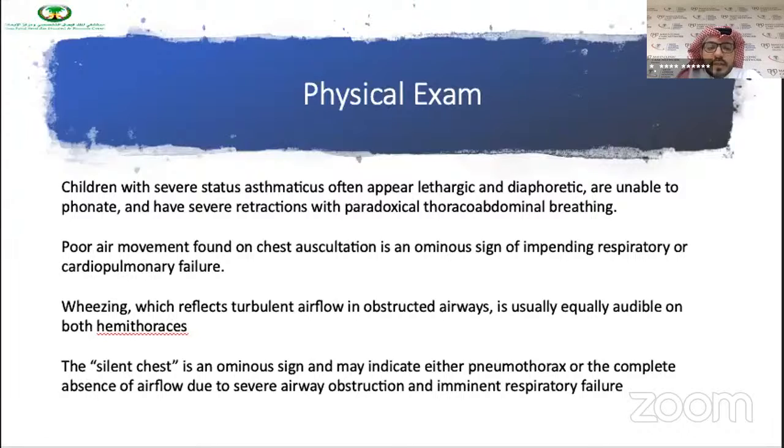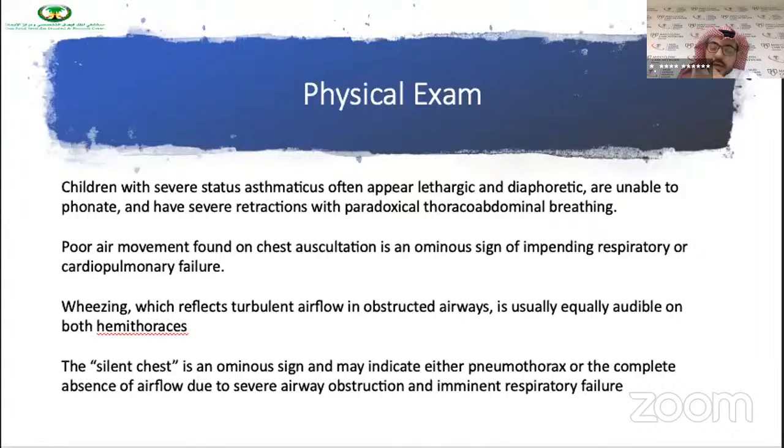Children with status asthmaticus often appear lethargic, diaphoretic, are unable to phonate, and have severe retractions with paradoxical thoraco-abdominal breathing. Poor airway movement found on chest auscultation is an ominous sign of impending respiratory or cardiopulmonary failure. Wheezing, which reflects turbulent flow in the obstructed or partially obstructed airways, is usually equally audible in both hemithoraces.